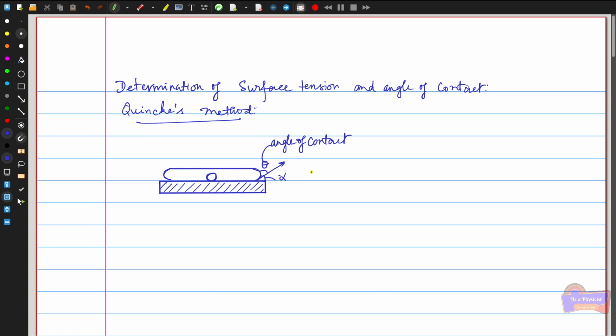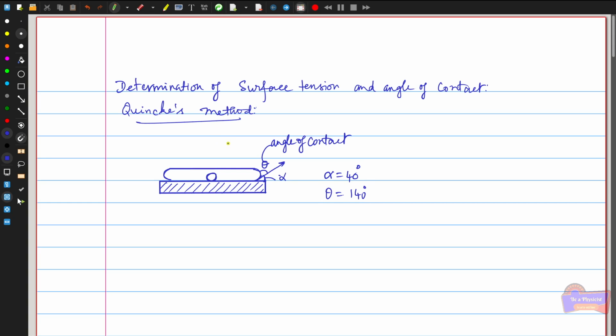Usually for mercury, the value of alpha is equal to 40 degrees, so that the value of theta is equal to 140 degrees, so that the total is 180 degrees, the horizontal line. So the angle of contact is 140 degrees for mercury in contact with a glass plate.